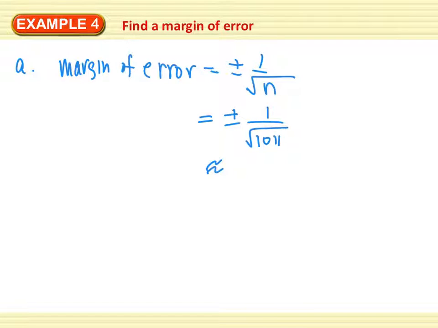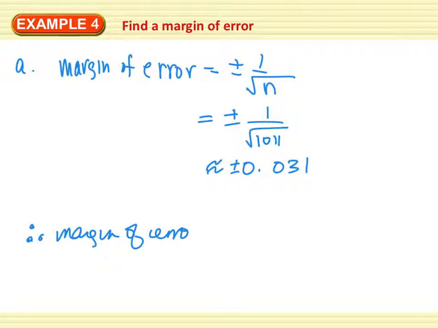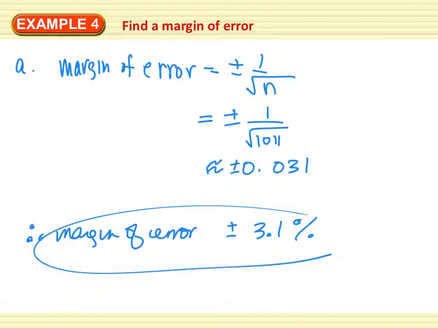So our margin of error is about plus or minus 0.031, using a calculator. Therefore, my margin of error is about, change that into a percentage, 3.1%.